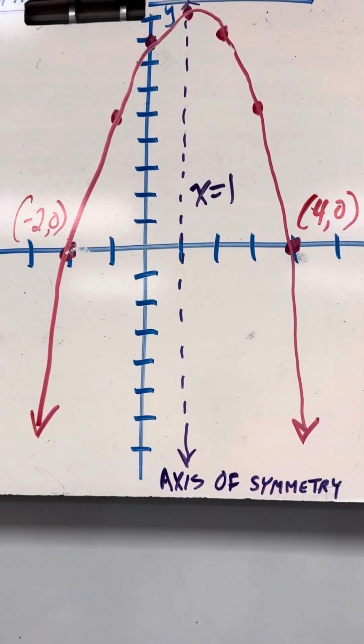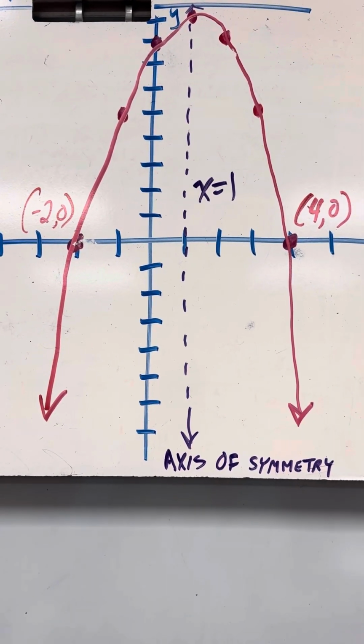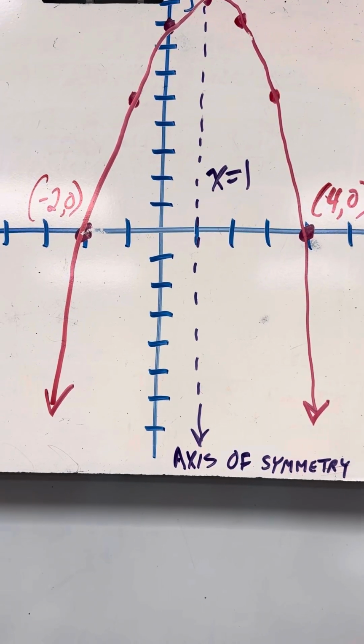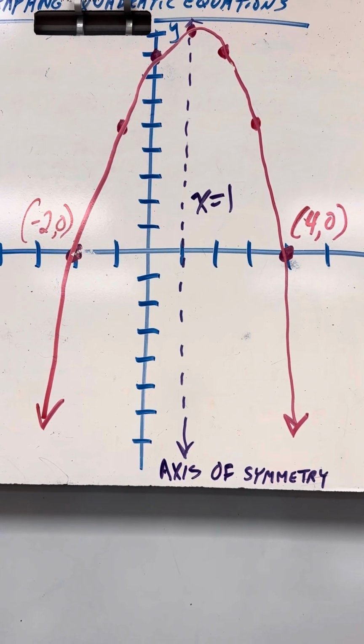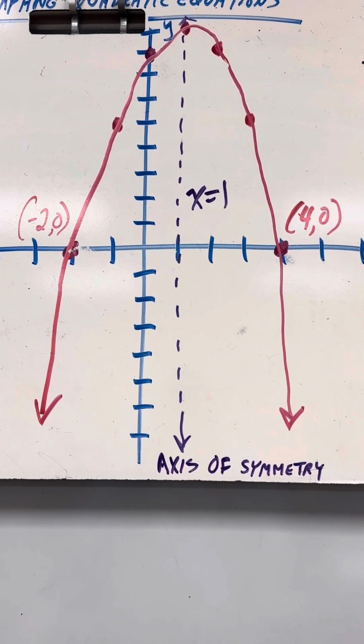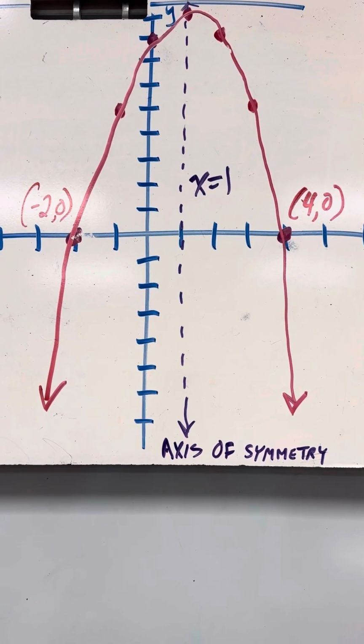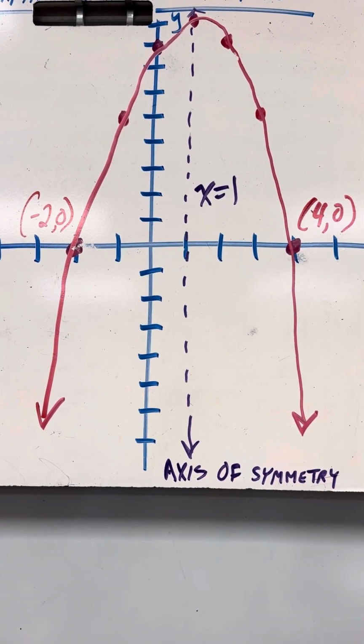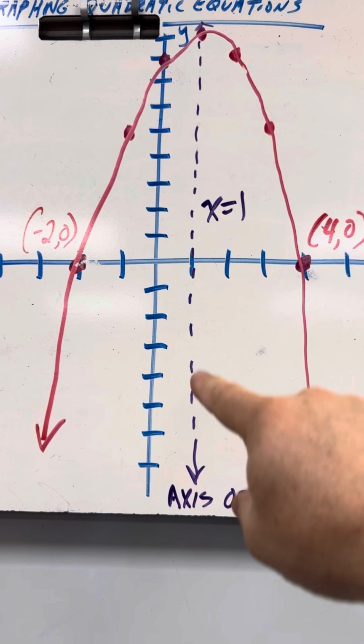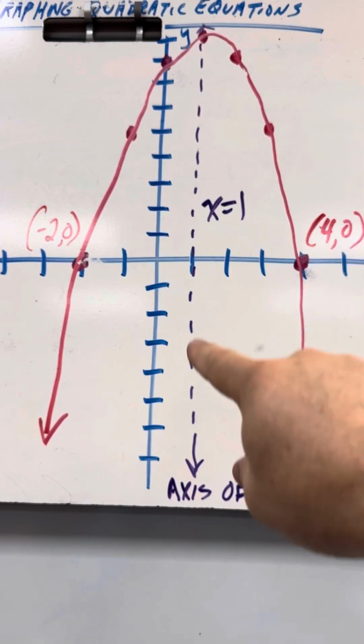Now, in Delta Math, you're going to plot exactly 5 points, and then it'll draw the curve for you. By the way, this is the equation x equals 1.